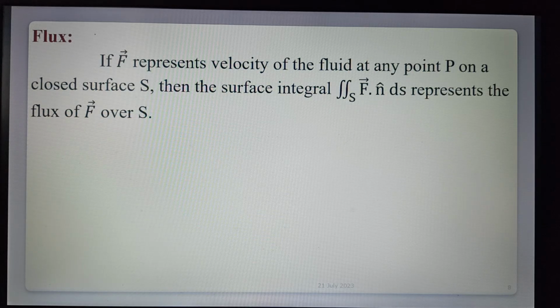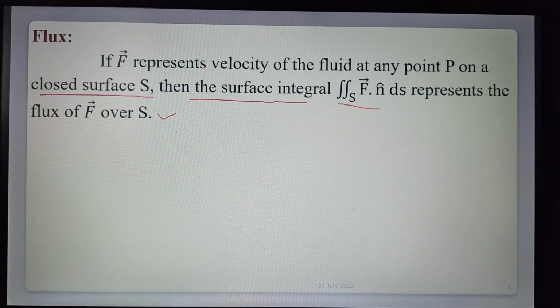The definition is: if f bar represents the velocity of a fluid at any point P on a closed surface S, then the surface integration over S of f bar dot n cap dS represents the flux of f bar over S. Here f bar represents the velocity of the fluid, and that fluid is flowing through the surface.